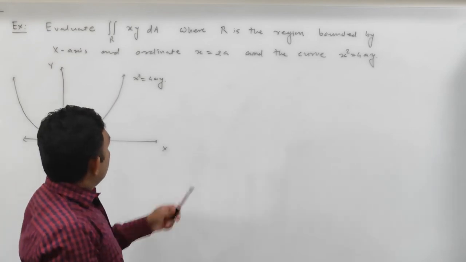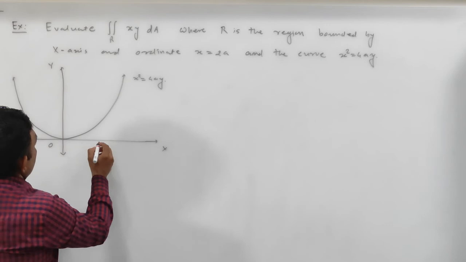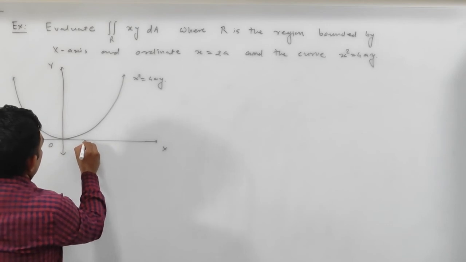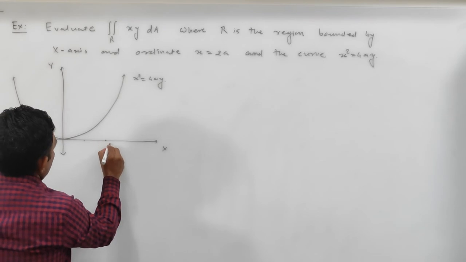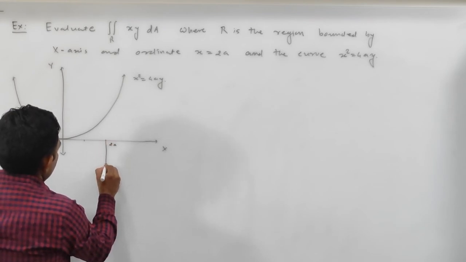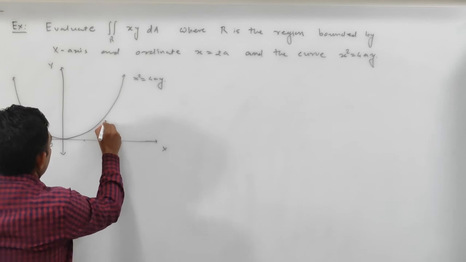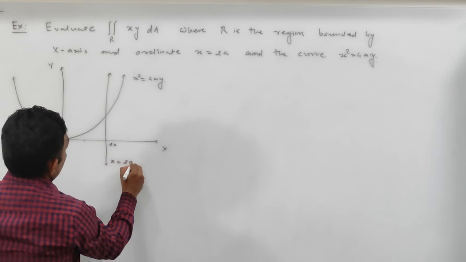Now another curve is x is equal to 2a. So let me consider this is say my a, then this will be 2a. So x equal to 2a will be this line.